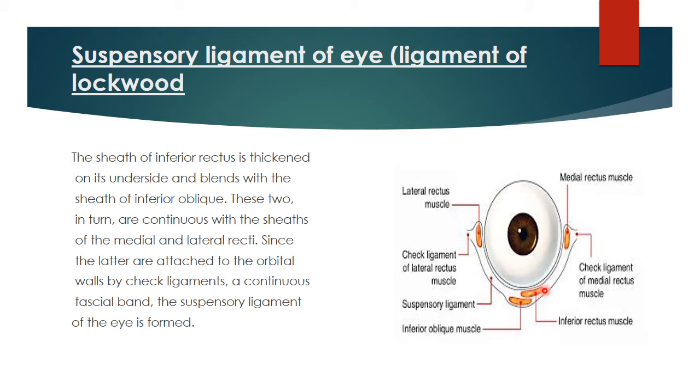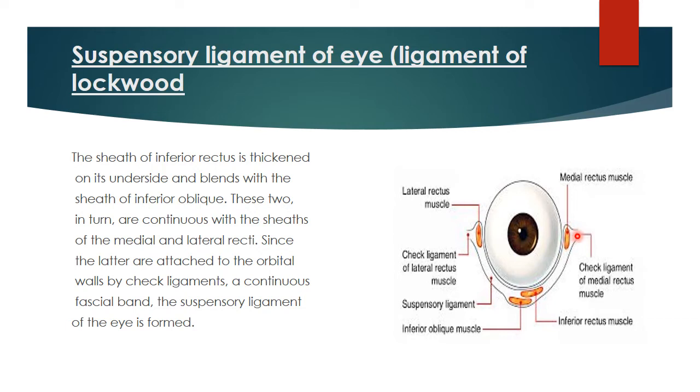The sheath of the inferior rectus muscle blends with the sheath of the inferior oblique muscle, and then these sheaths on each side become continuous with the sheaths of the medial and lateral rectus muscles. In this way it forms a continuous band, this fascial band.